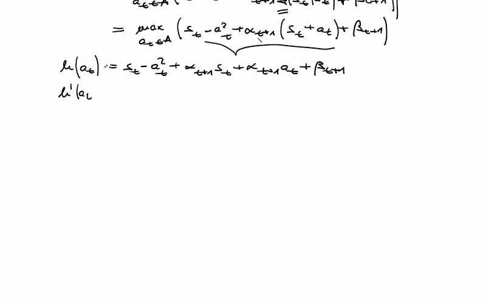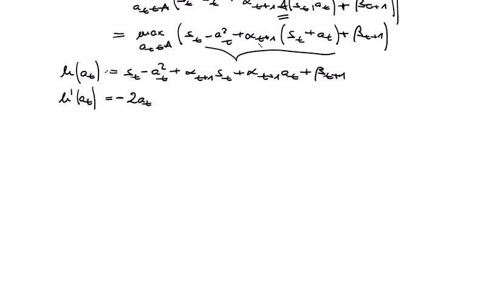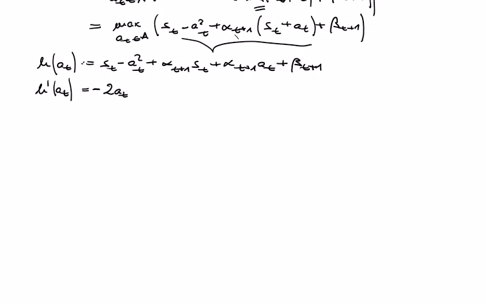So we compute the first derivative with respect to a, which evaluates to what? Minus 2 a_t plus s_t plus alpha t plus 1.